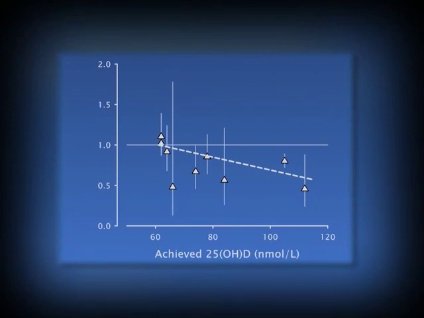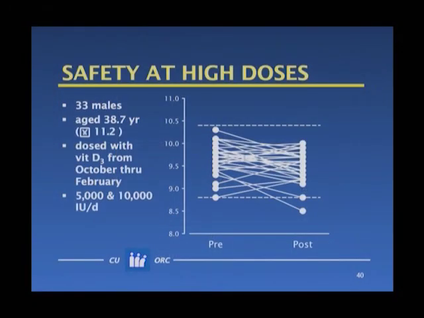If we give such a low dose that we don't achieve much of a level, we don't get an effect, hardly surprising. But it takes levels above 100 in order to be certain that you're absolutely getting an effect there. So here's another piece of evidence pointing to a level of 100 as being as low as you would want to go. There are questions of safety that I was asked to address.